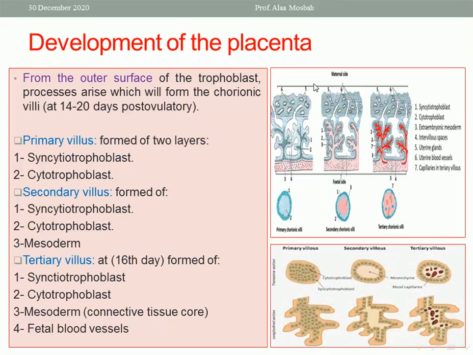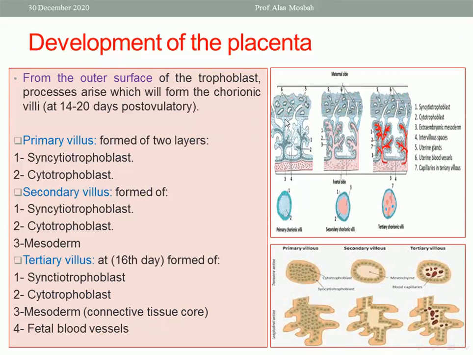So, the trophoblast will have some processes. These processes develop between 14 to 20 days post-ovulatory, and it consists of primary villi, secondary villi, and tertiary villi. So what is the difference between these? We said that the villi is formed of outer syncytiotrophoblast and the inner cytotrophoblast.